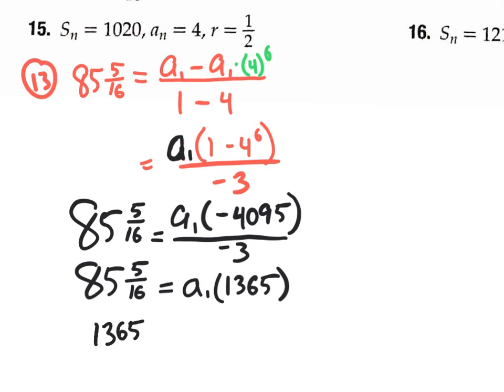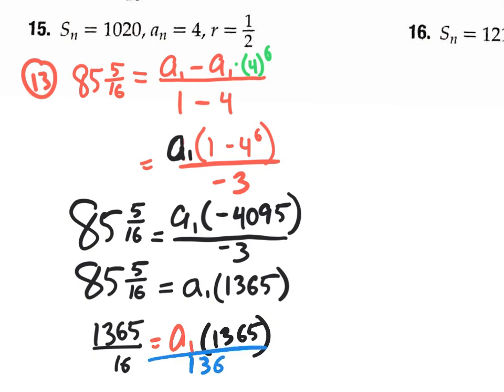This fraction is exactly the same, except one is a mixed number and this is an improper fraction. 16 times 85 is 1,360, plus 5 is 1,365 over that 16, equals the a sub 1 times the 1,365.